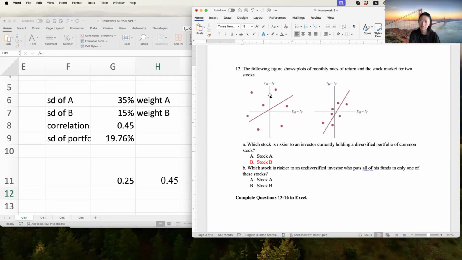Its firm-specific risk is high. Its systematic risk may be low, but its total volatility, its total standard deviation, is high. So in terms of total risk, stock A is riskier to anyone whose portfolio is undiversified.